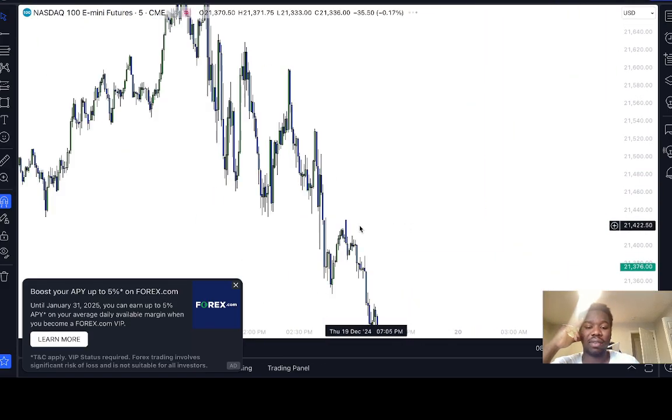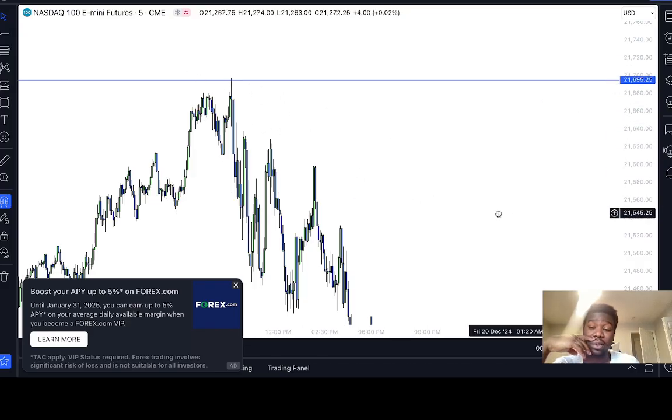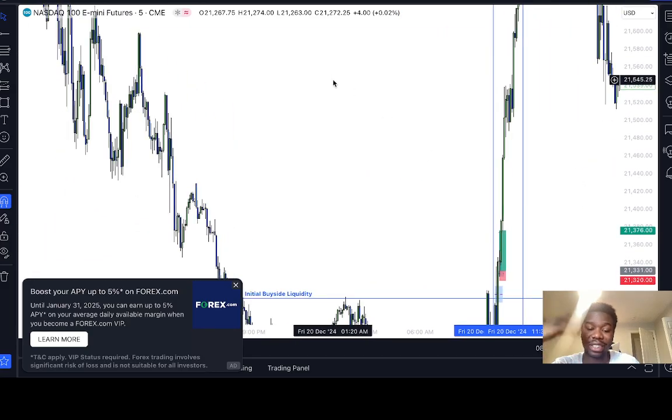So all these highs right here, this is buy side liquidity. All of this is buy side. So you could actually aim for all of these targets and they would have been hit. I'm not going to aim for those targets. That's just not me.